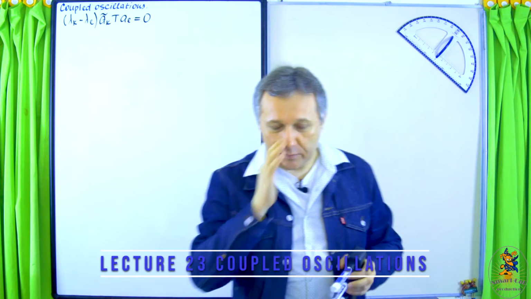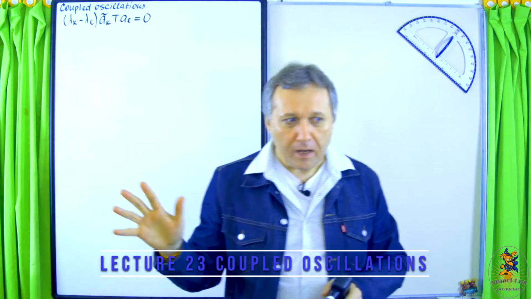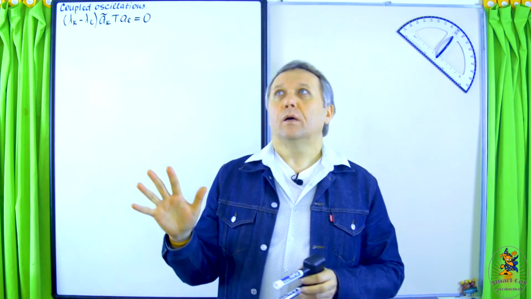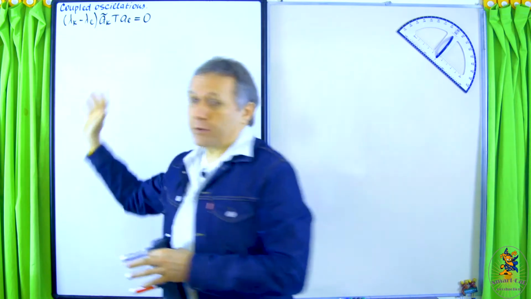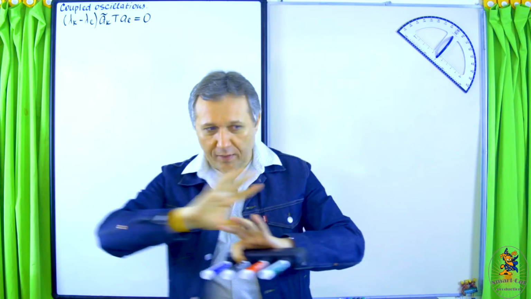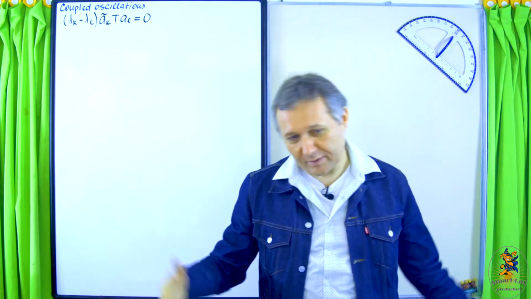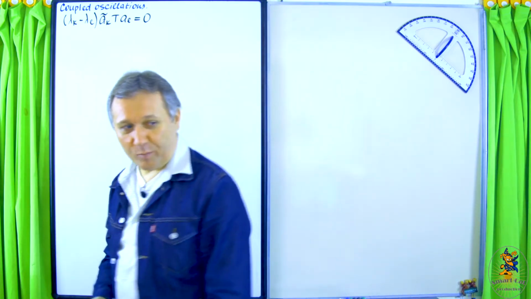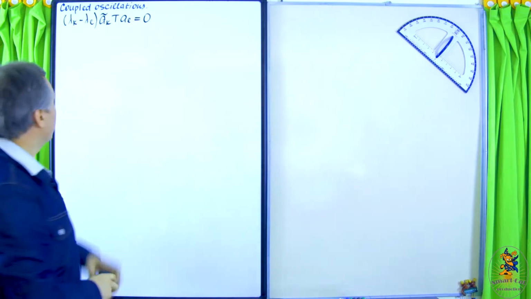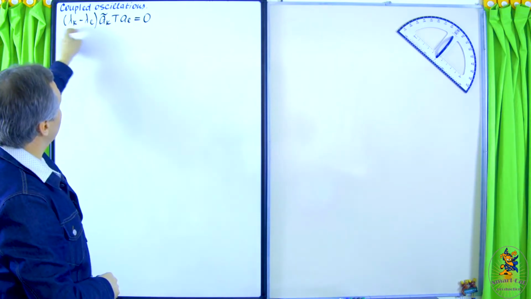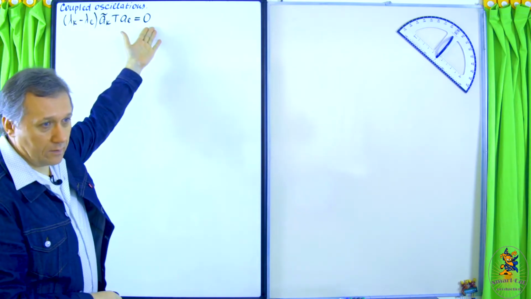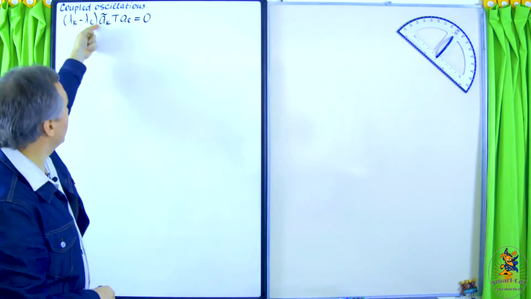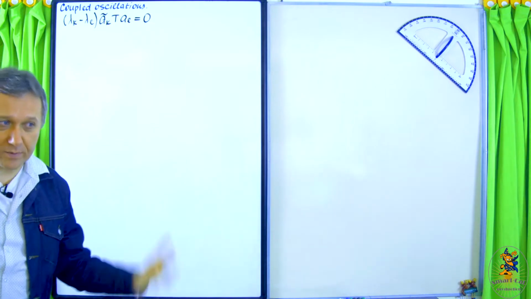In the previous class, we spent the whole class analyzing one special situation, when all eigenvalues of the system are different. So basically all frequencies of normal modes are different. In that case, this factor cannot be 0, and in order to make the expression 0, this part must be 0.